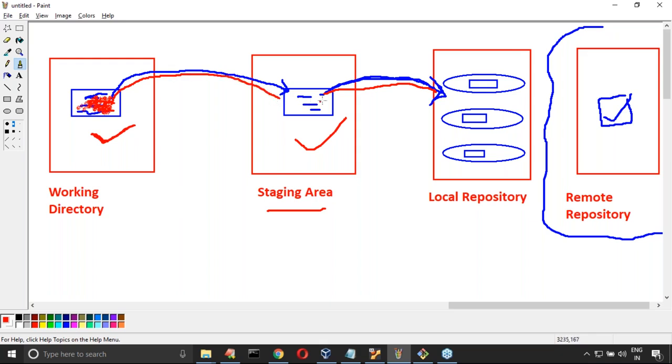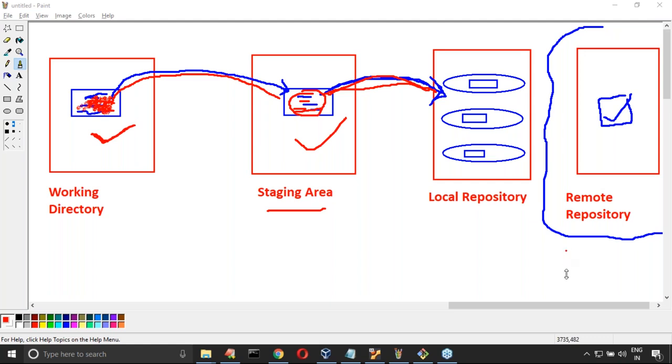If you didn't commit those changes, then the staging area content and the local repository content may be different or not? Yes, maybe different.